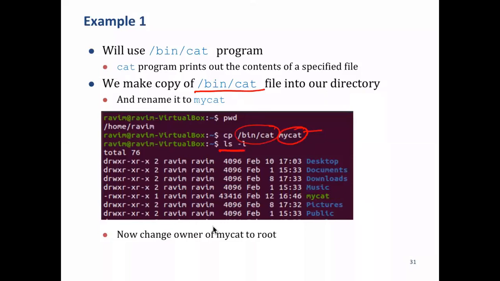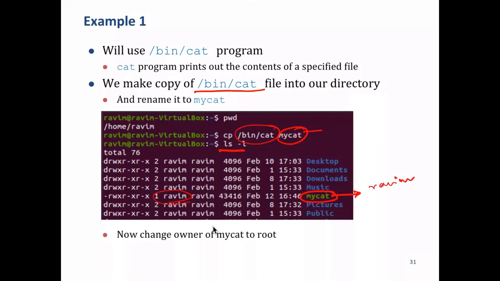When I do ls -l, I can see that there is a mycat program, which is nothing but a copy of the cat program. The cat program just displays, right? So now I have duplicated that. Now, who is the owner of my cat program? I am the owner.